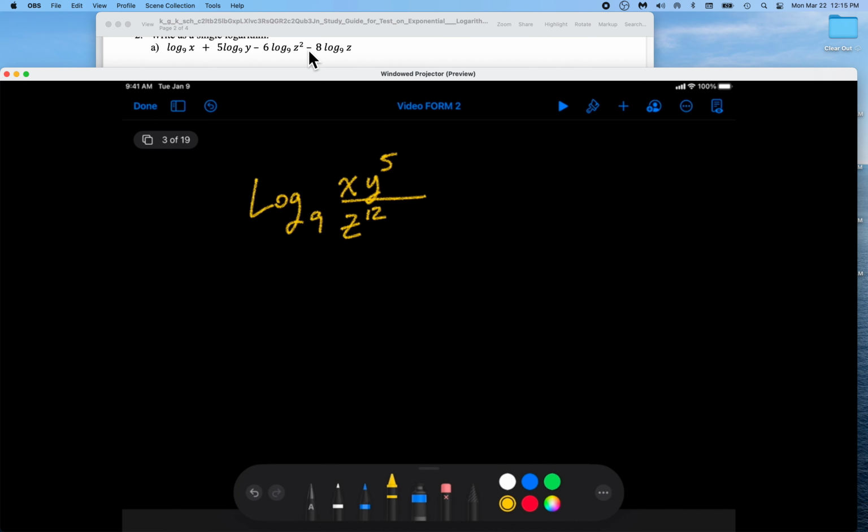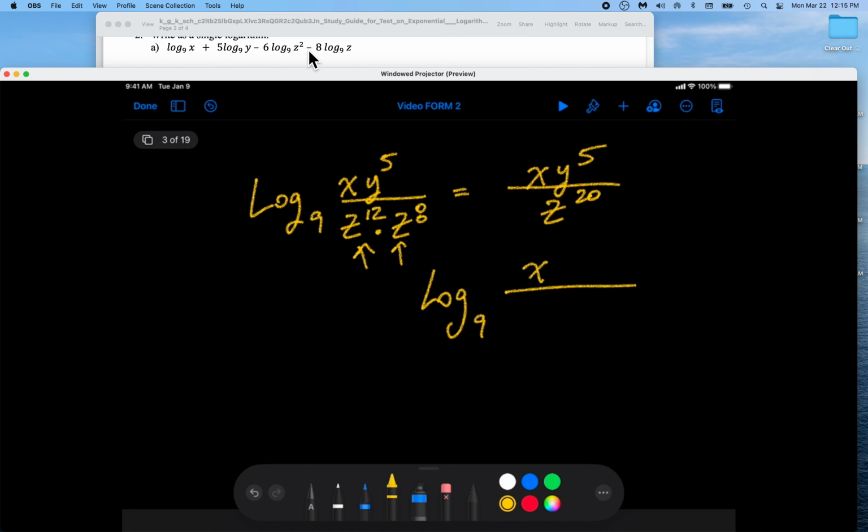I'm sorry, yes, that should be a z. And then we're going to have z to the 8th. The other thing we notice is that these z's can be combined. Whenever you multiply with a common base, you add the exponents. So our final answer is going to be log to the base 9, xy to the 5th, z to the 20th.